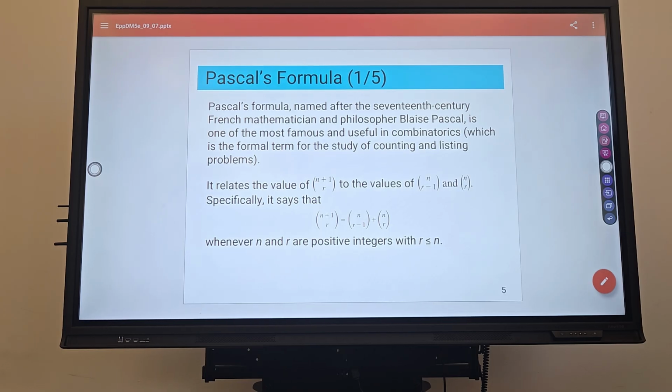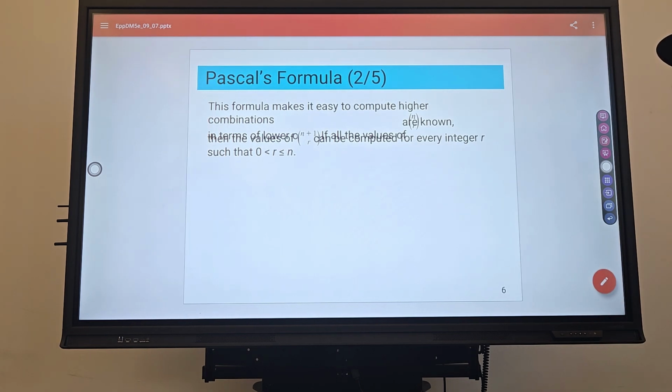Specifically, it says that n plus 1 choose r equals n choose r minus 1 plus n choose r, whenever n and r are positive integers and r is less than or equal to n. This formula makes it easy to compute higher combinations in terms of lower values.